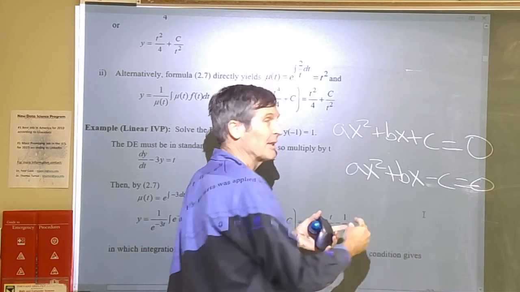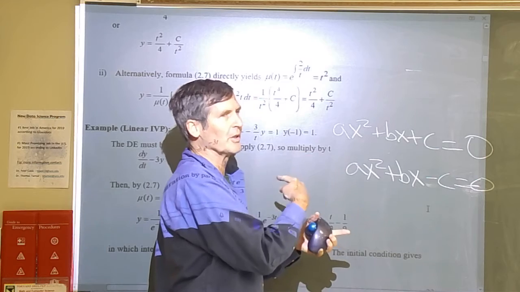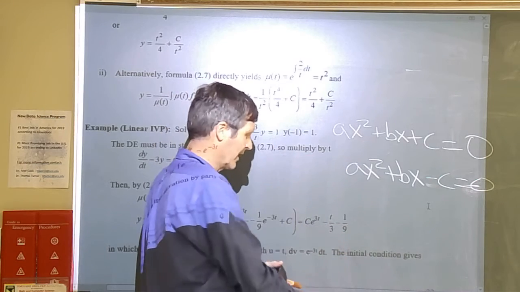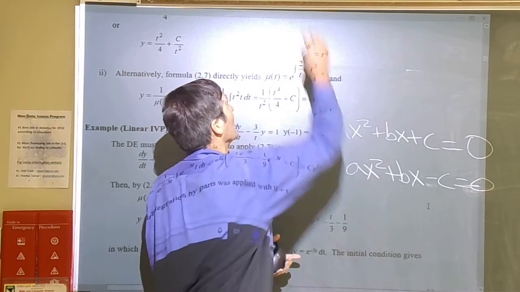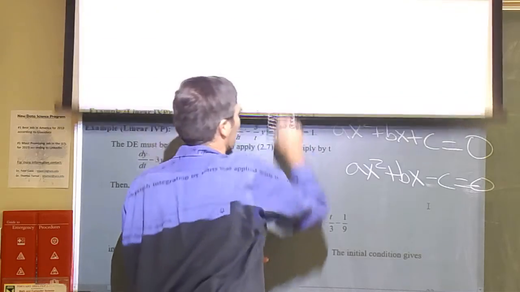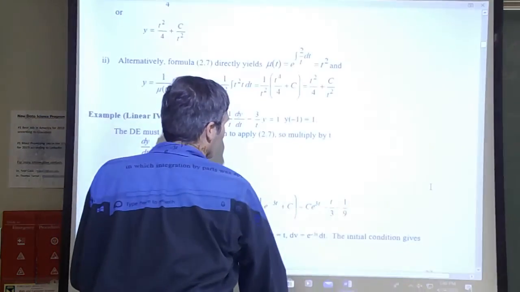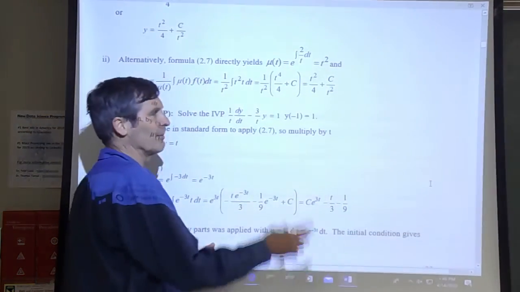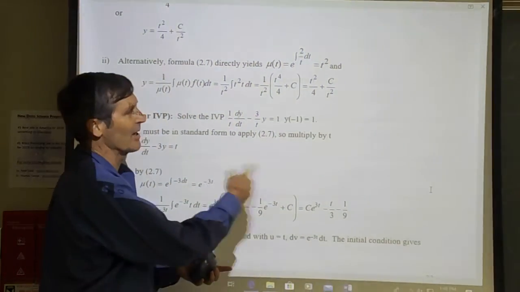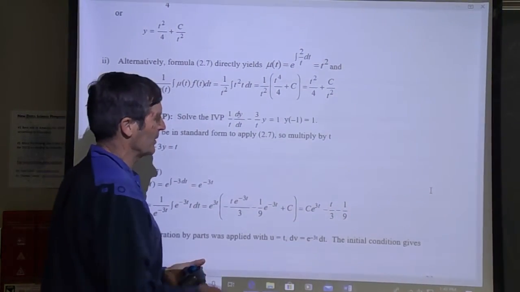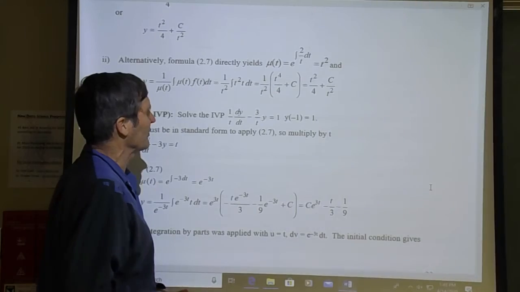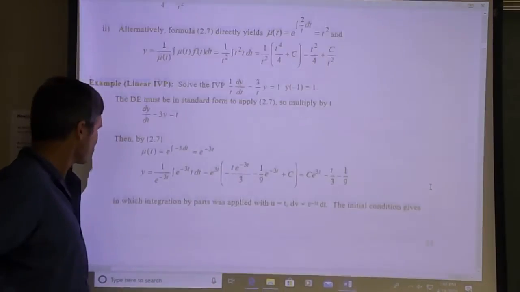Same thing can happen here. If you apply this formula before you put the equation into standard form, you'll get the wrong result. So there's the other danger of the formula. If you use the integrating factor method by multiplying through, then you'll see it's not working out right. But if you just go straight to the formula, you better make sure it's in standard form first. All right.